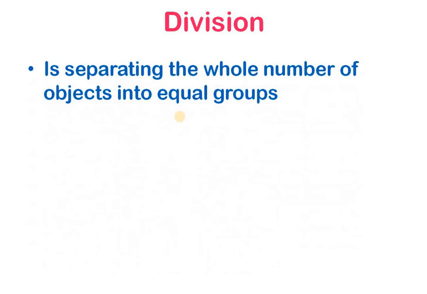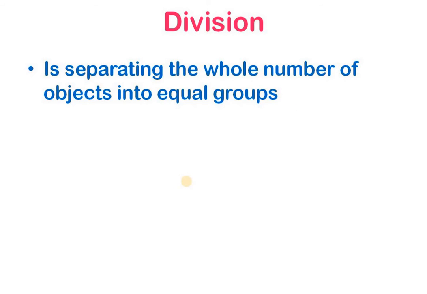What do we mean by division? Division is separating the whole number of objects into equal groups. Separating like we cut off the whole number of objects, but in equal groups. Remember, equal groups.